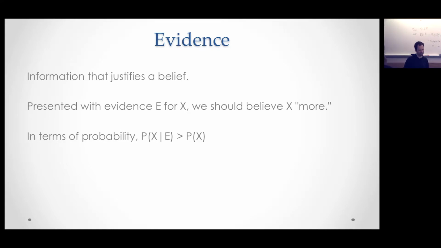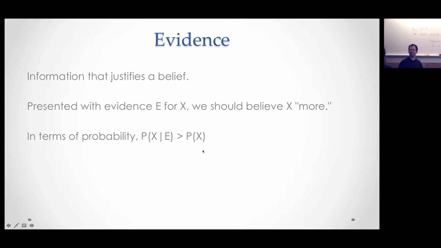There is sort of a philosophy that goes with Bayesianism that is interesting. The idea is that, and so now we've gone from mathematical formalism to epistemological virtue, we should only believe things for which we have evidence. In other words, evidence is the thing that justifies a belief, which means E is evidence for X if the conditional probability of X given E is greater than just the probability of X alone.